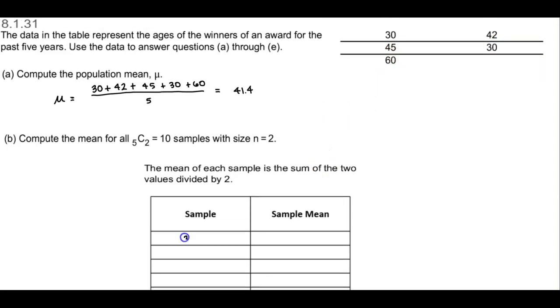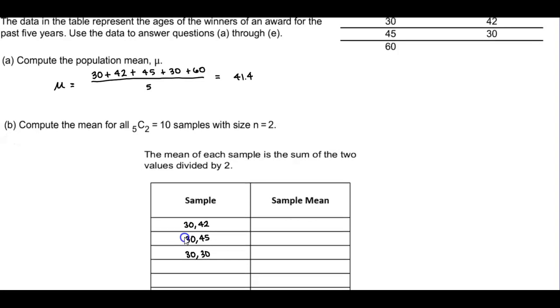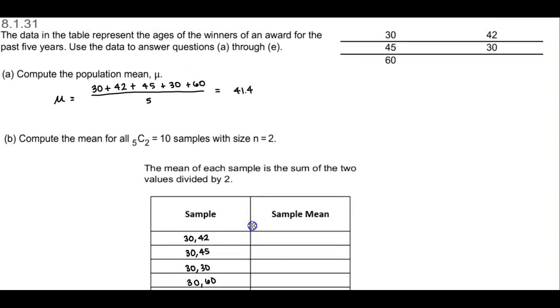So we have 30 and 42, and then 30 and 45, 30 and 30, and then 30 and 60. Now we're going to start with the 42.